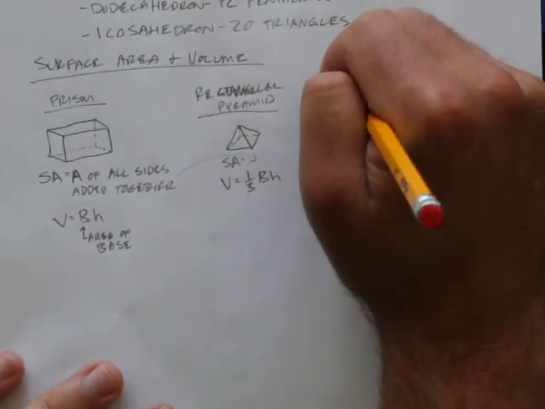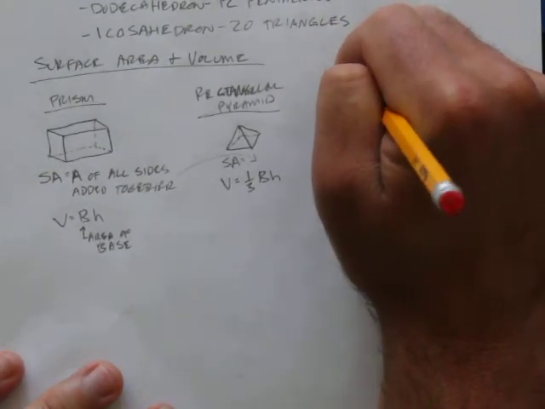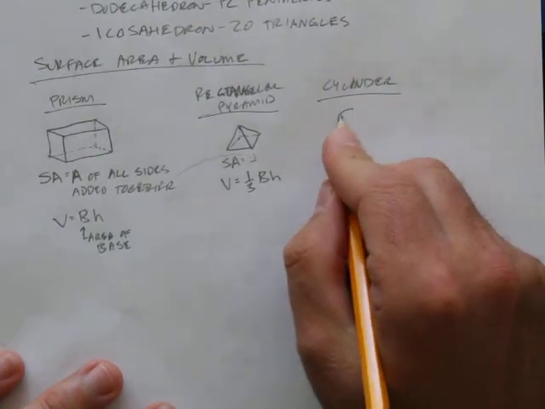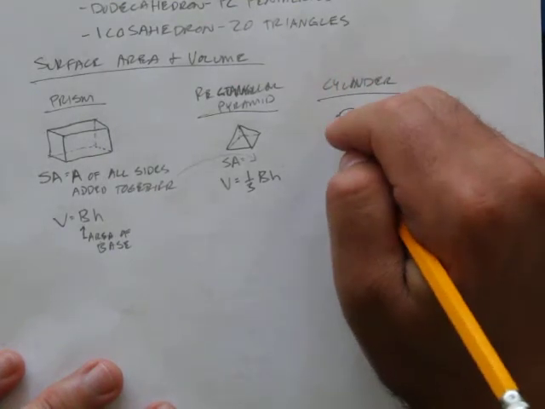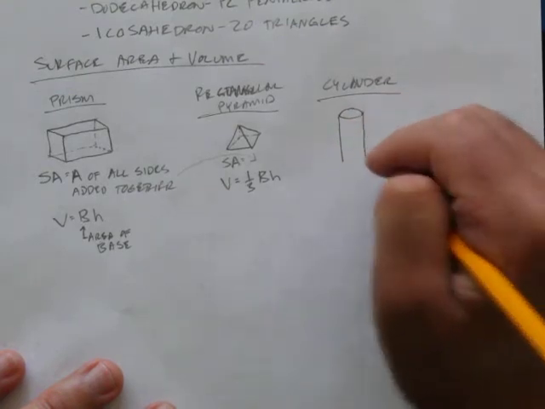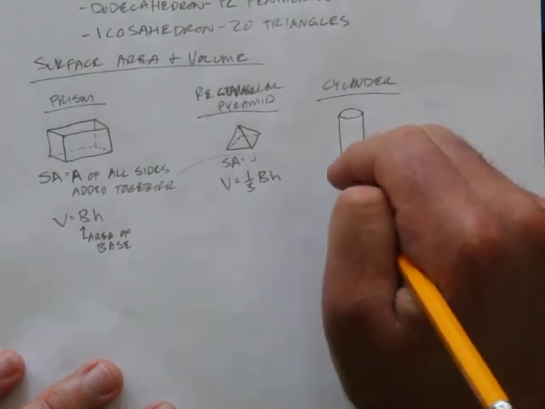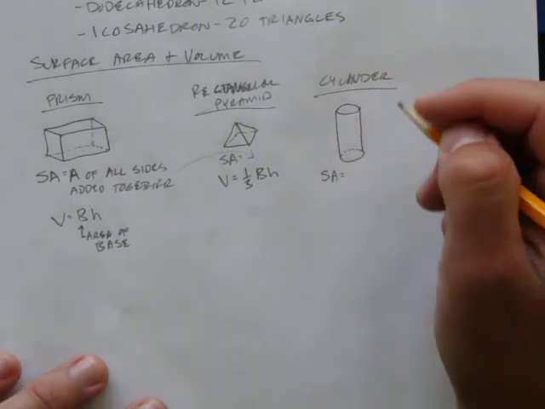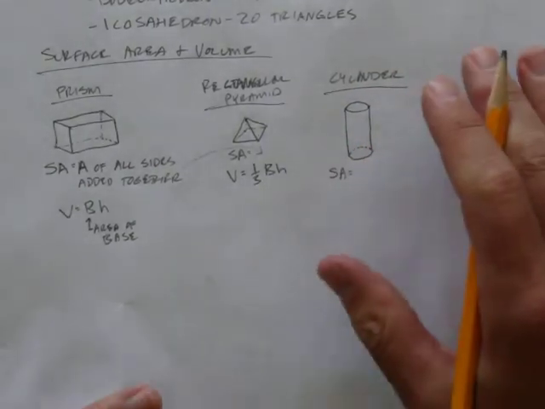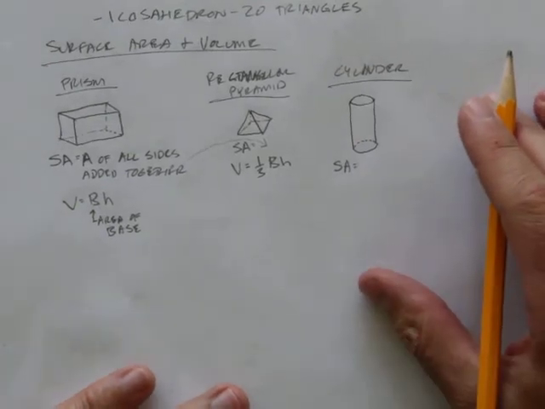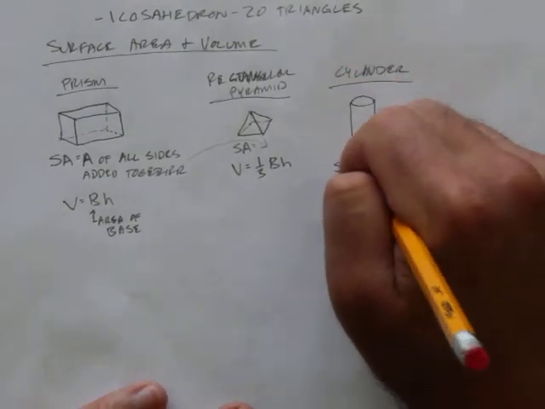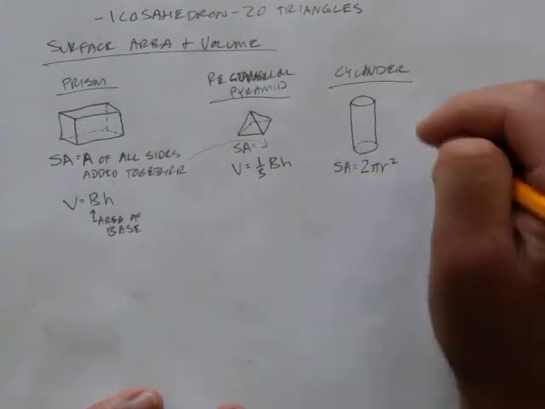Cylinder. Draw a cylinder: we draw a flattened circle, two lines coming down, and another circle. Surface area is a long, kind of drawn out one, and if we were in class I would spend some time trying to explain it. Surface area is 2 pi r squared.